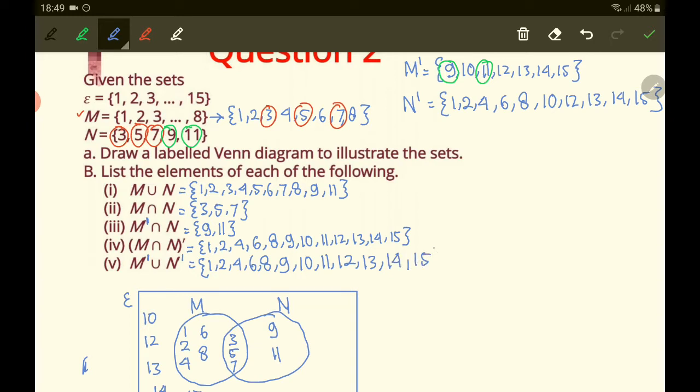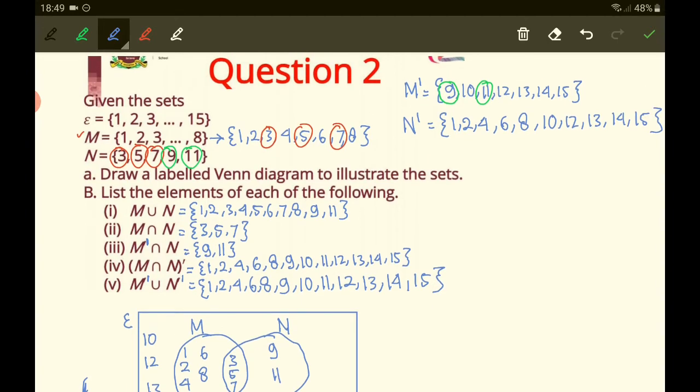Okay, so this is the answer for M complement union N complement. So I think that's all for question number 2.